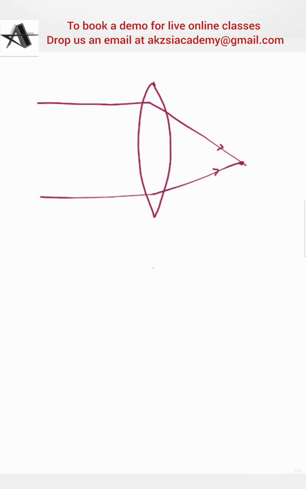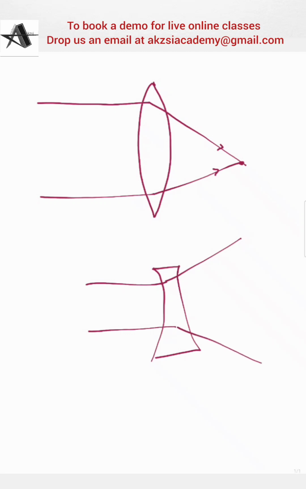Similarly, suppose this is another lens. In this lens also, what's happening? It's the refraction happening. What's refraction? We already did. Refraction is actually the bending of light rays when they move from one medium to another, from denser to less dense, or from less dense to denser medium.